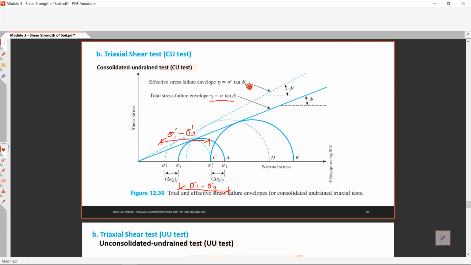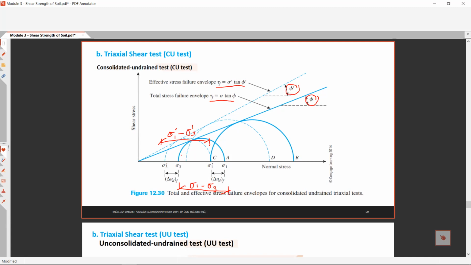Then ito naman yung broken lines, that is just effective stress failure envelope. So mapapansin nyo may prime na doon and may prime na doon, denoting the effective stress. So that is shear stress is equals to effective stress times tangent phi prime. So yung angle mo dito, that is now your phi, and yung angle mo dito, that is now your phi prime. Okay?